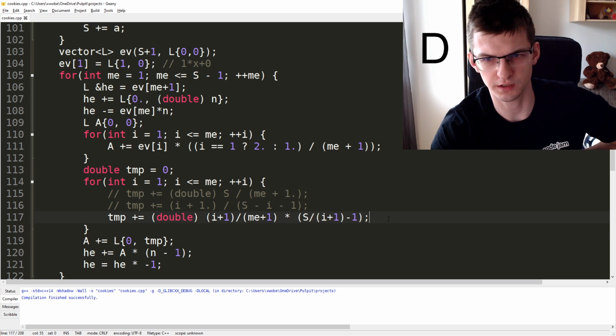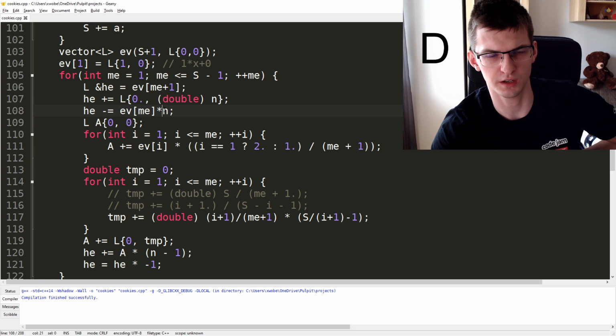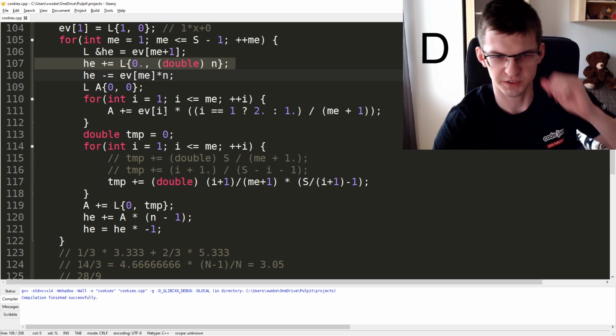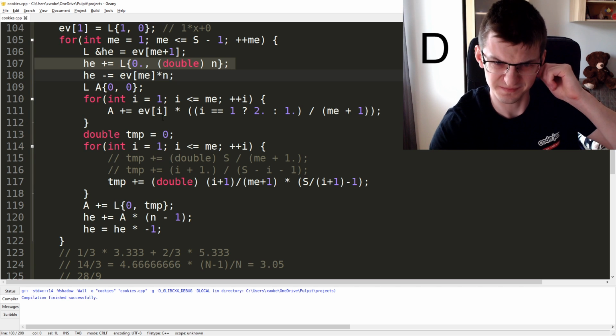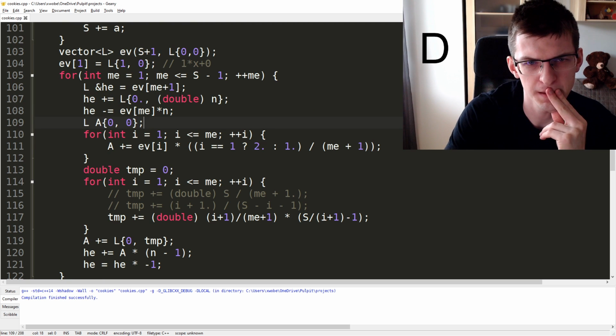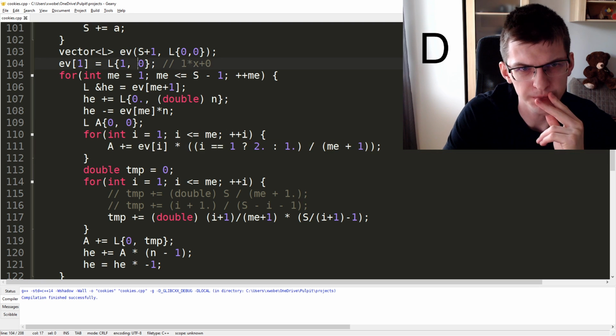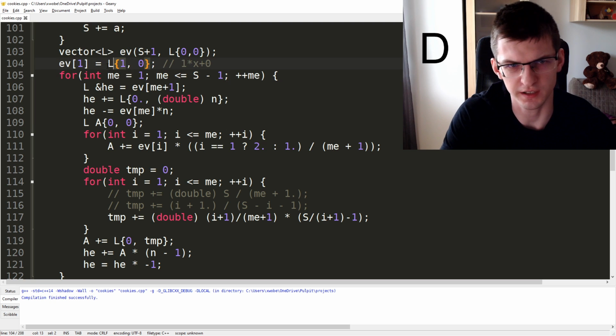This is half, the total is half. But a gets multiplied at the end by 1, so nothing changes. I see a half from here and 1 from there. I'm seeing here 1.5. Again, EV of I. EV of 1 doesn't have a free term, it's just x.